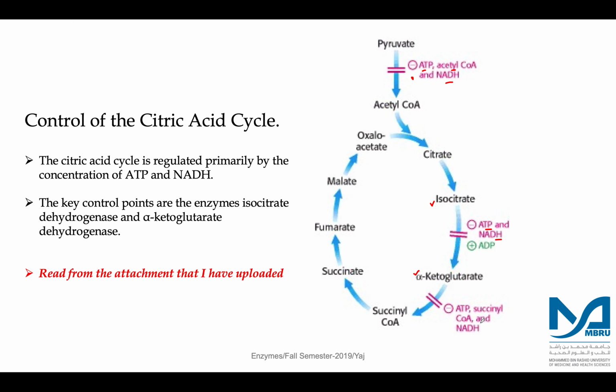Again, if I have increased ATP, increased succinyl coenzyme A, and increased NADH, that means I do not require further ATP molecules to be produced. The alpha-ketoglutarate complex is inhibited, similar to the pyruvate dehydrogenase complex, and the conversion of alpha-ketoglutarate to succinyl coenzyme A doesn't happen.